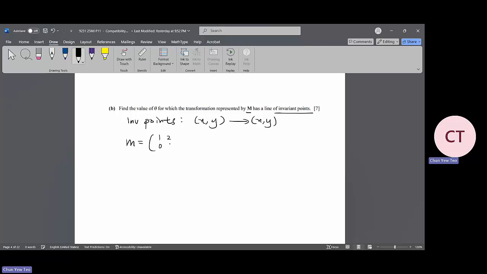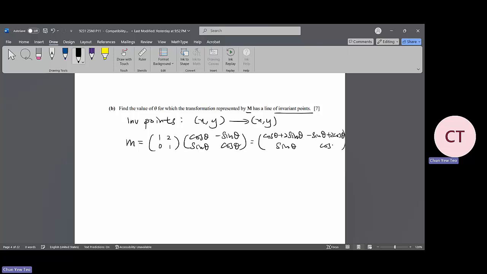So (1, 2; 0, 1) multiplied by (cos theta, negative sine theta; sine theta, cos theta). If you multiply them, you will get cos theta plus 2 sine theta, negative sine theta plus 2 cos theta, sine theta, and cos theta.